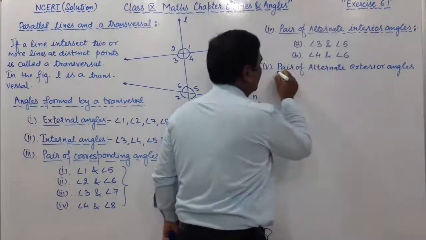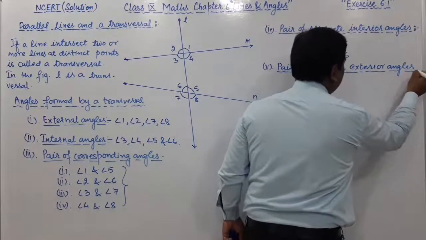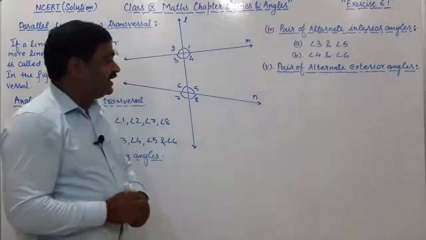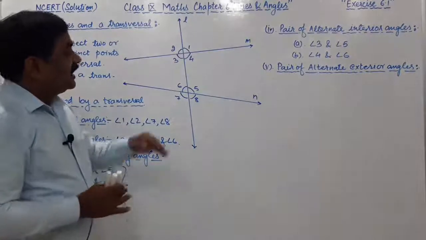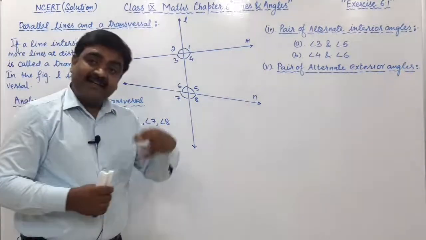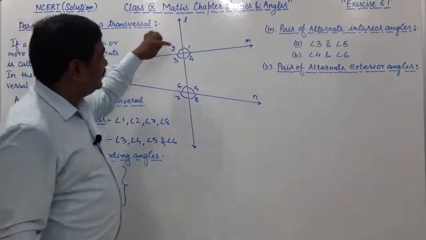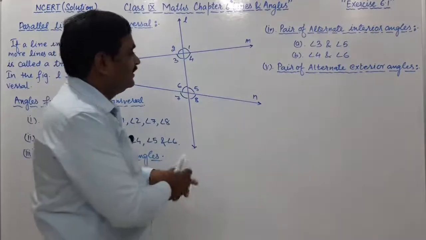Okay, so pair of alternate exterior angles, let us think about this. अभी जैसे हमने इंटीरियर एंगल्स को बताया, similarly you have to talk about एक्सटीरियर एंगल्स के विषय में. There are two pairs of alternate exterior angles. Angle 1 is alternate to angle 7.